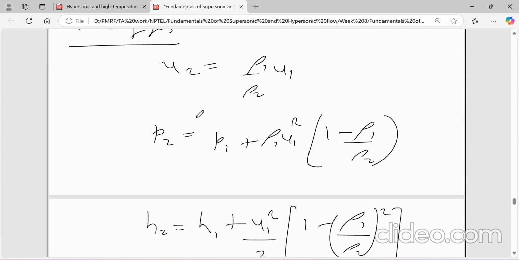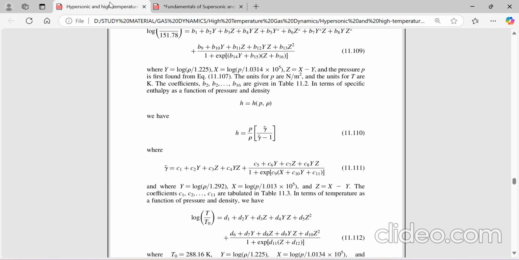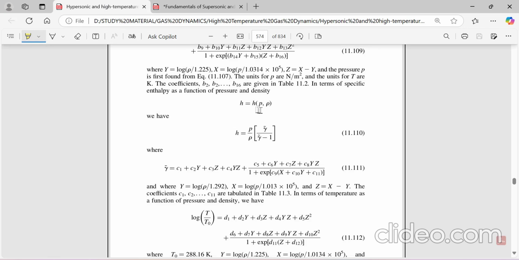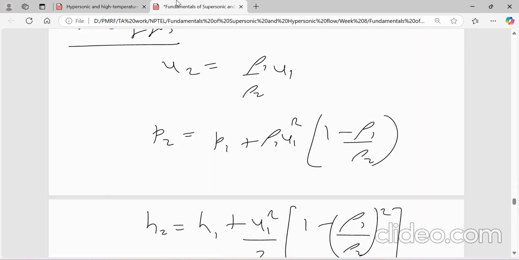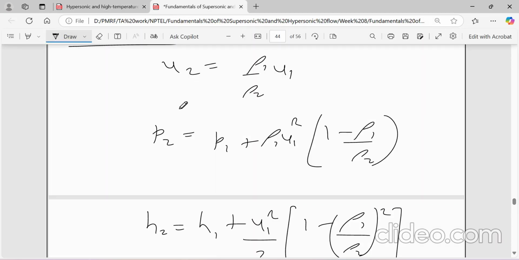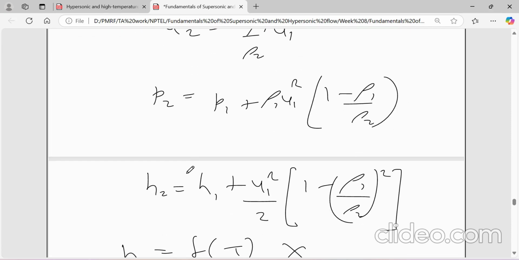Otherwise you can do it a different way also. Like you can use this pressure-density relation.